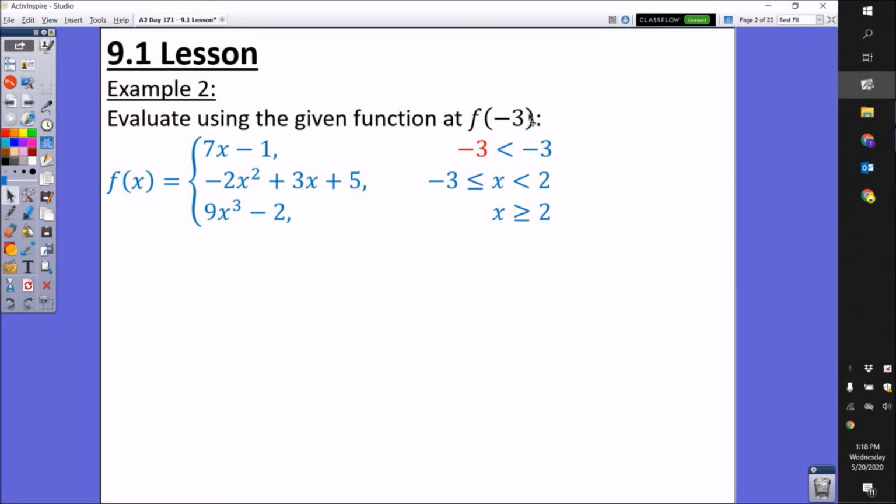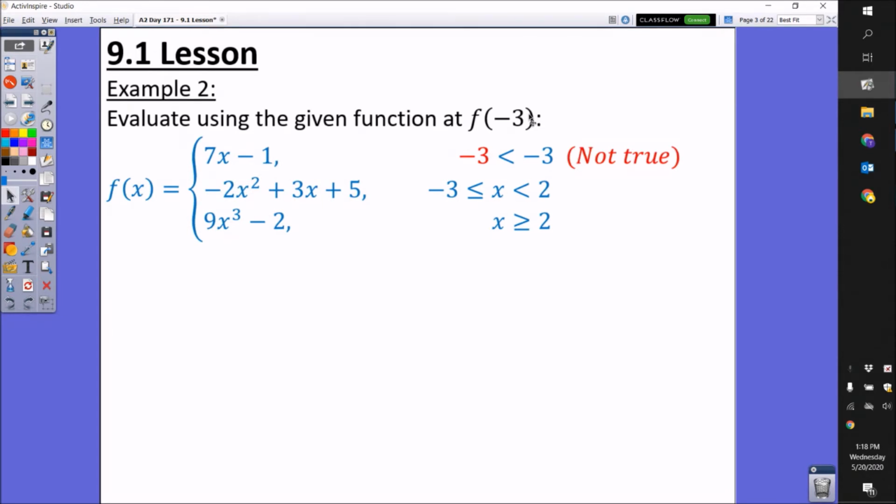For example, if I had 5 less than 5, that wouldn't make sense because we all know that 5 is exactly the same amount as 5, meaning 5 equals 5. So that doesn't make logical sense, and we determine that as not true. So we finished determining that we will not use the first equation.